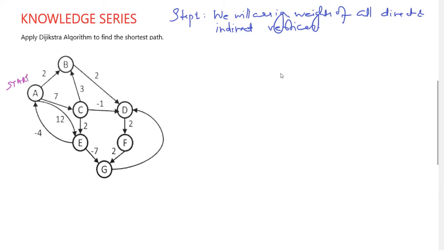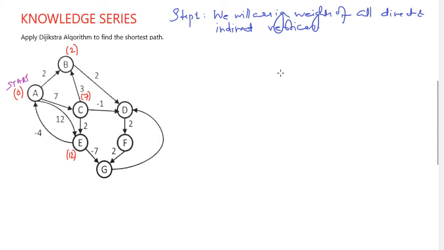We will assign the vertex A a weight of 0, and then the corresponding neighboring node B is 2, neighboring node C is 7, and then E is going to be 12, because 0 plus link cost 12 is equal to 12.